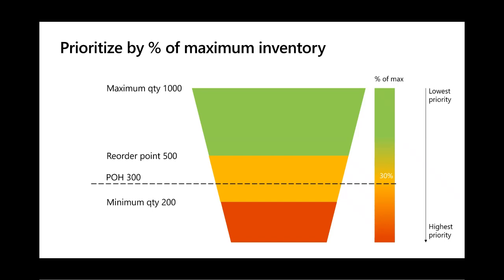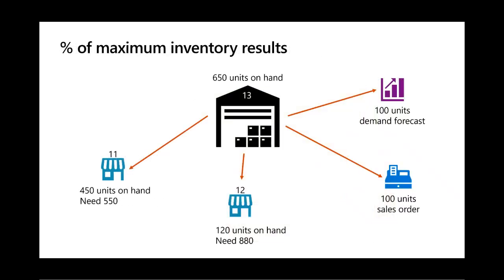Now let's go back through our original scenario and look at how the percent of maximum inventory will calculate priorities and how master planning will then tell us to allocate our inventory. So in this scenario, where we have our warehouse 11 and warehouse 12, which have a minimum, maximum, and reorder point, for warehouse 11, we have 450 units on hand out of the 1,000 maximum.